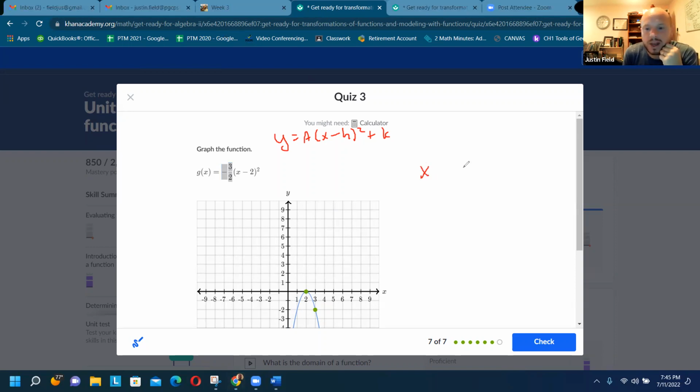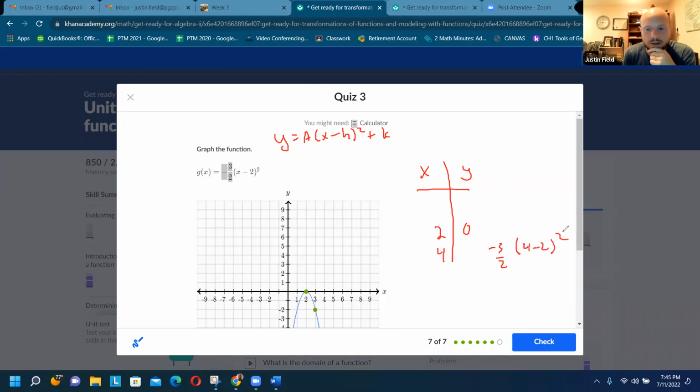So I'm going to make a table, and my vertex I know is positive (2, 0). And if I substitute 3 in, it's going to be a fraction. So let me try 4. I substitute 4 in for x.